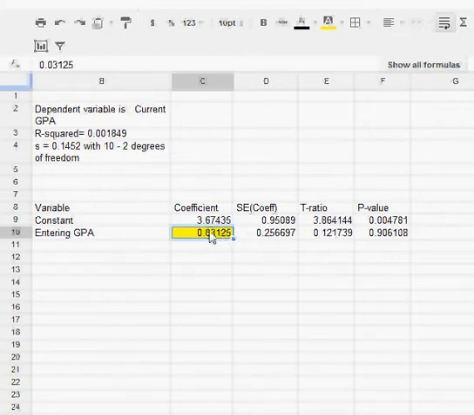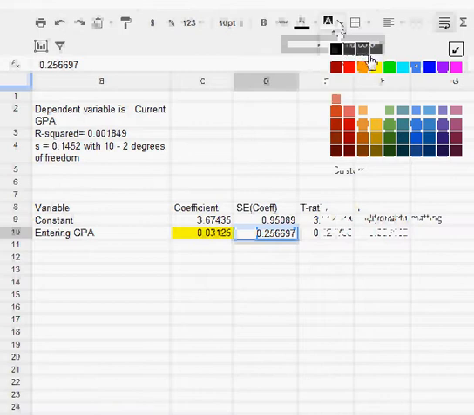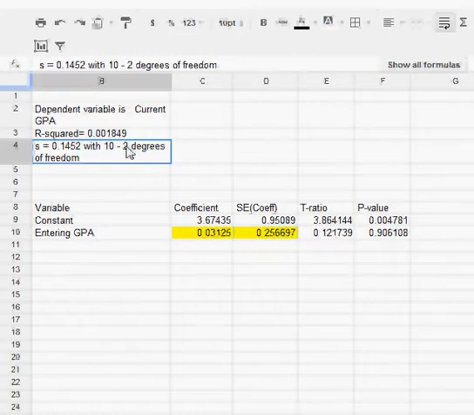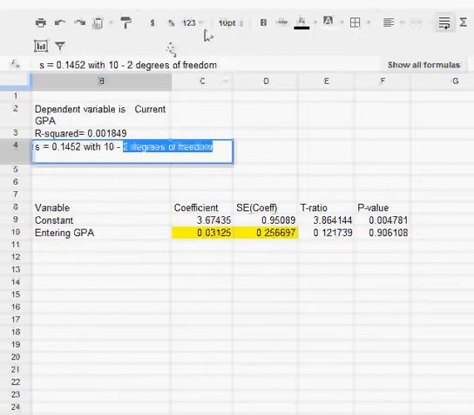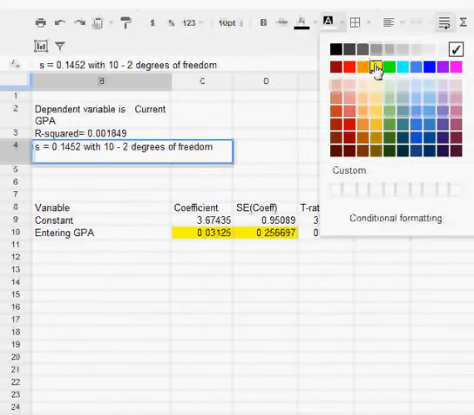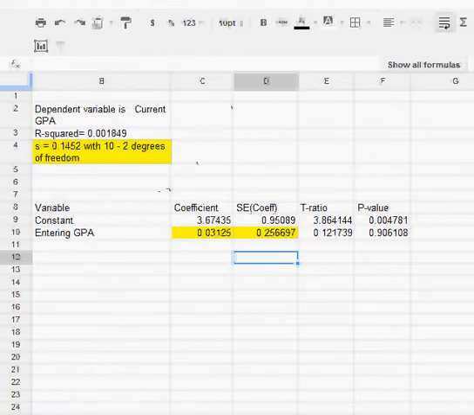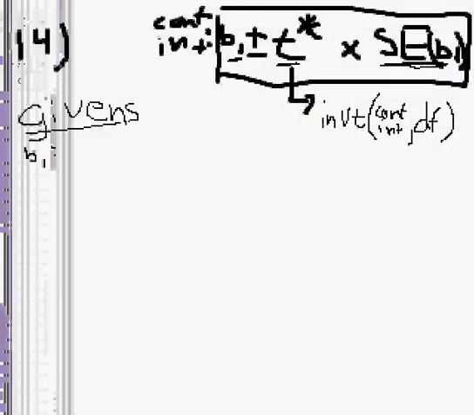This is B1, and your standard error of B1 is right next to it. You also want to pay attention to the degrees of freedom, which is right here, 2 degrees of freedom, because you're going to need that. Alright, I'll just keep on going with the givens.